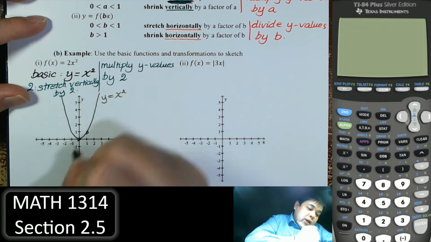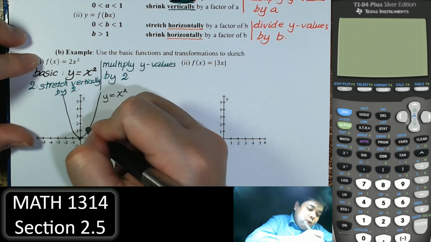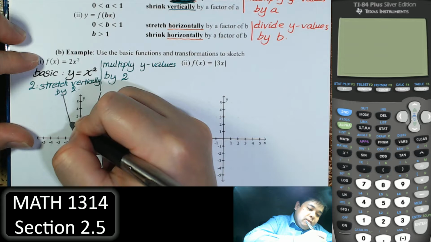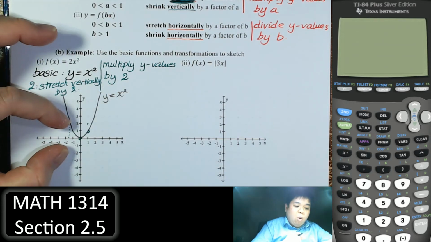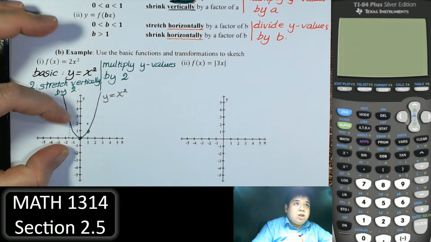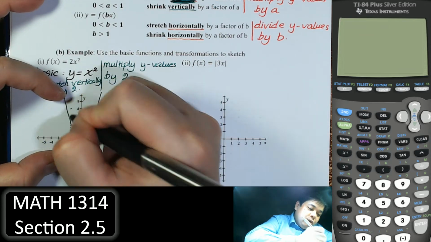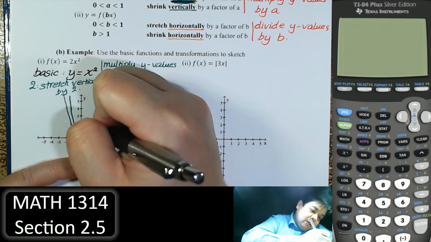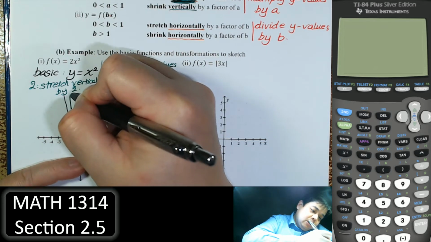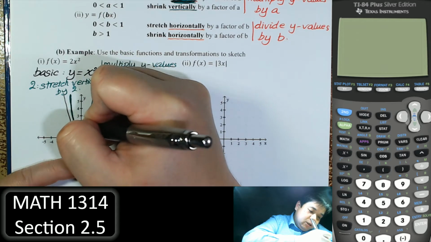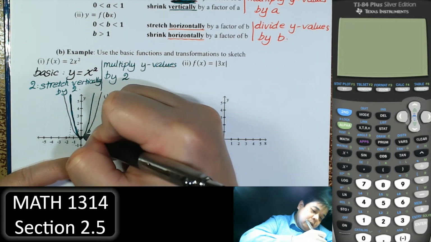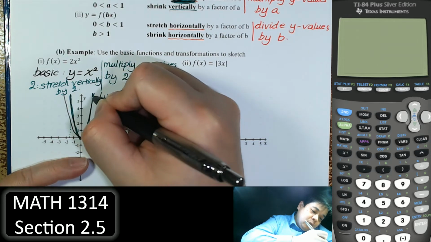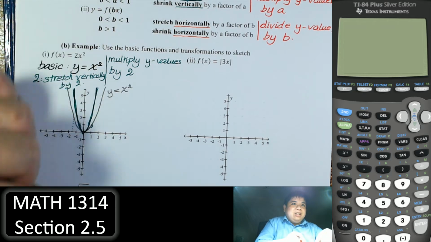Now this point, the y value is 1, multiplied by 2, it's going to be 2. So this height is double. It's just going to double because we multiply by 2. So basically we have the graph going like this. You see, we just stretch the graph vertically, and that's what we have.